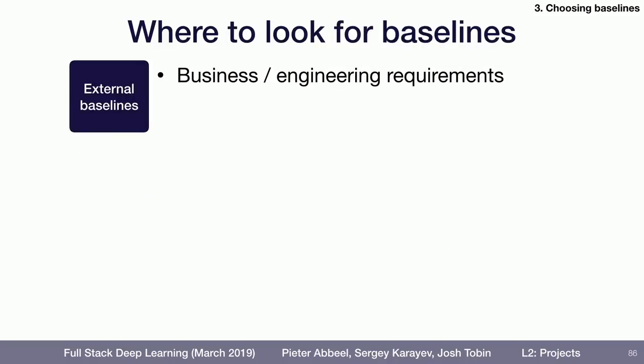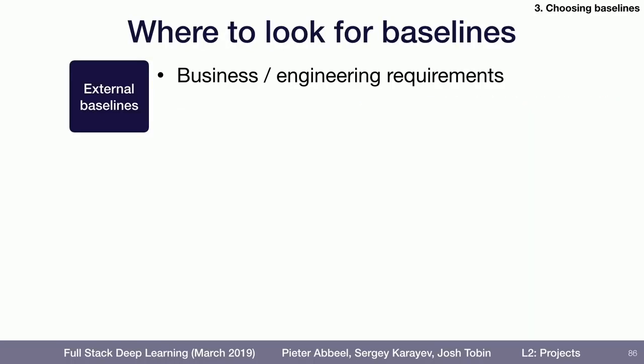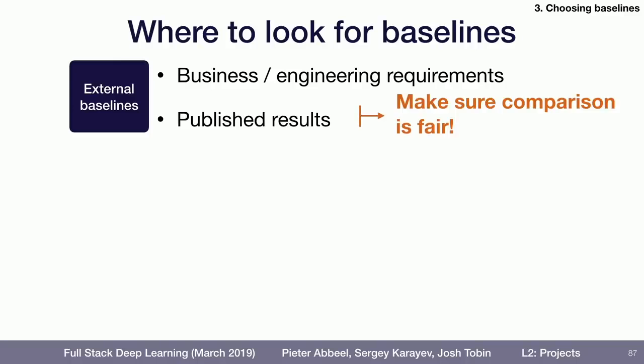So if we accept that baselines are important, then the next question I think is, where should we look for baselines? How do we find good baselines? There's some that are internal to the company, like what are our requirements? That could be a good baseline, right? If we know we need this thing to be 90% accurate, then that's a reasonable baseline to use.